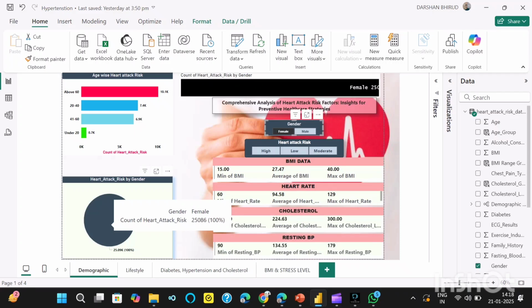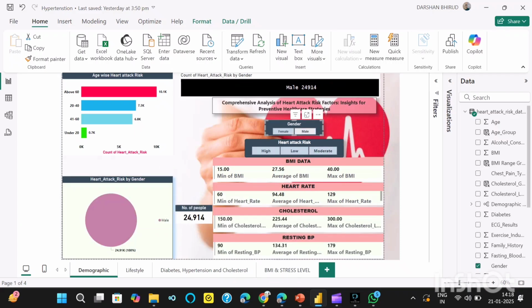The entire data set is very responsive to where we click. If we click on male, the entire data set shifts to male only. So the male count in the data set is 24,940. This will give you the entire information. Here you can see the number of people.